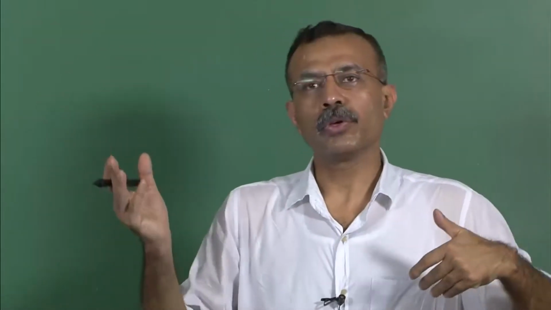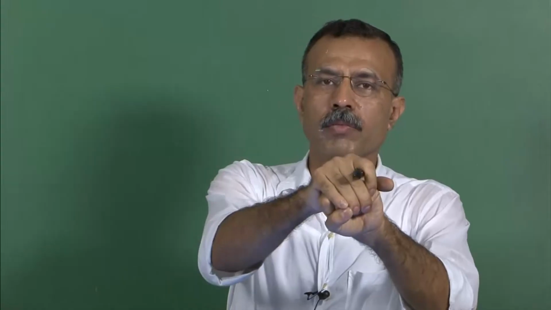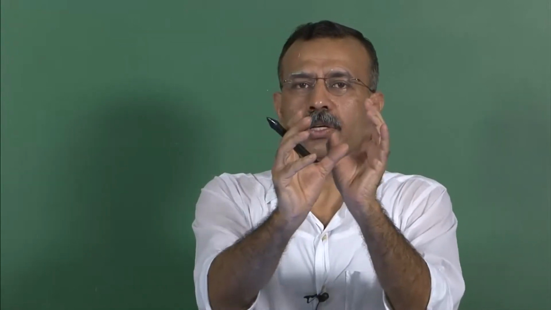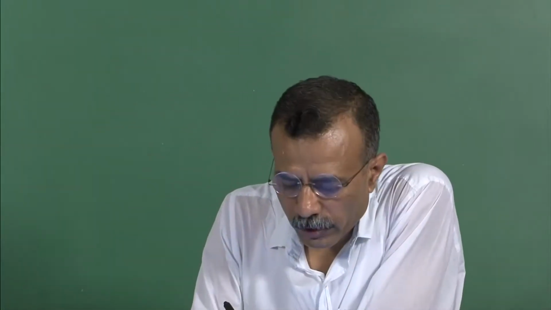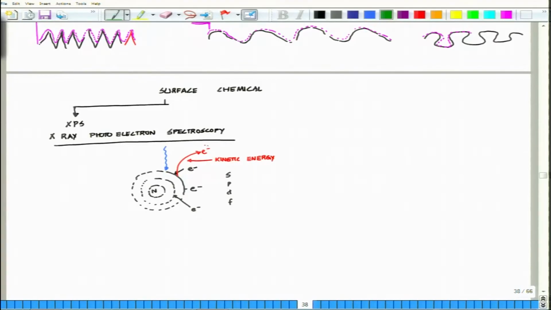Say something is held there with X amount of bond energy; you have to give that amount of energy to pull it out from that zone. The energy with which it comes out from that particular atom is unique.